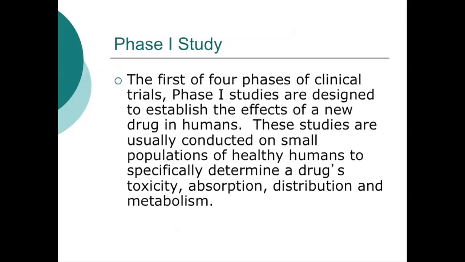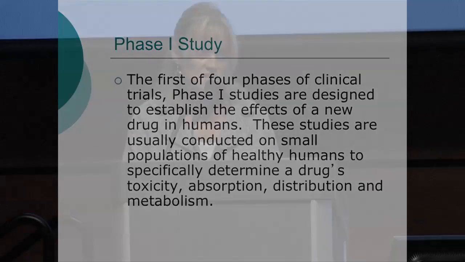In some studies, they're done on patients with the disease, but a lot of times these phase 1 studies are conducted on healthy people. And this is to determine the drug's toxicity, absorption, distribution, and metabolism. A phase 1 study generally has 20 to 30 participants, and often these patients are paid for their participation because of the time and the risk involved.